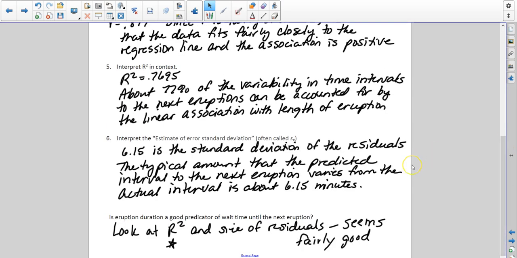So based on those two pieces of information, it seems like the eruption is a fairly good predictor of wait time till the next eruption. So you're going to want to refer particularly to R-squared, and then also perhaps to the standard deviation of the residuals to answer that question.